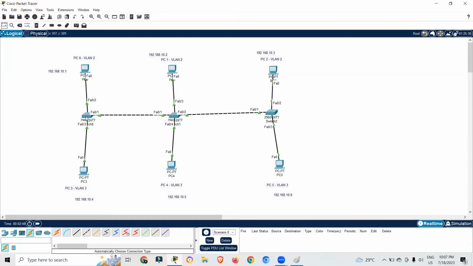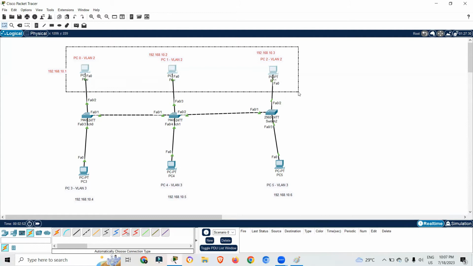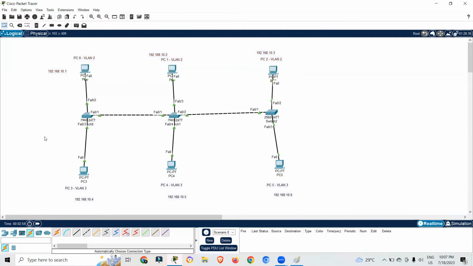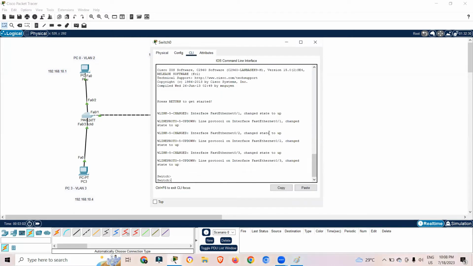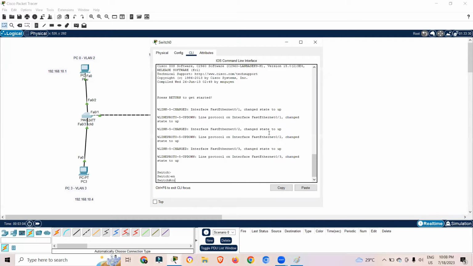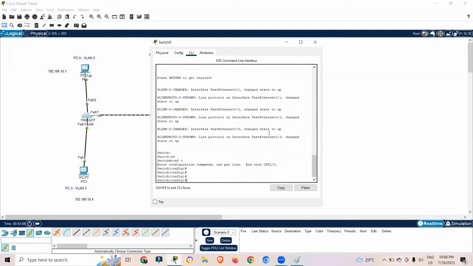So let's first configure the VLANs on these three switches. Let's configure VLAN 2 and VLAN 3 on this switch. Enable, configure terminal. Any issue now about the VLAN configuration?